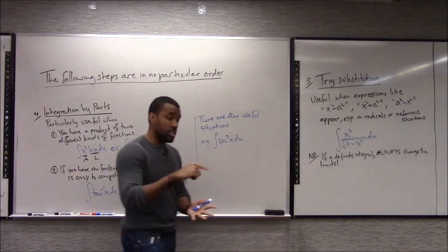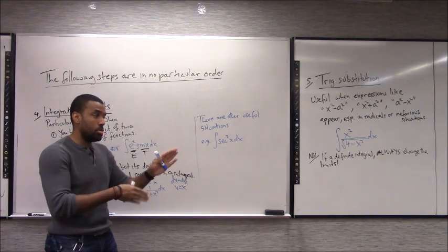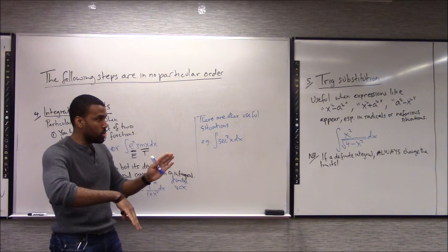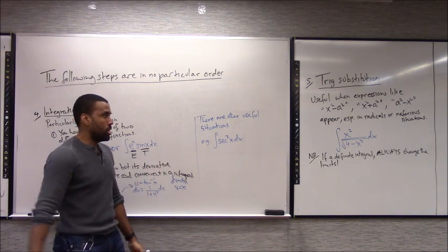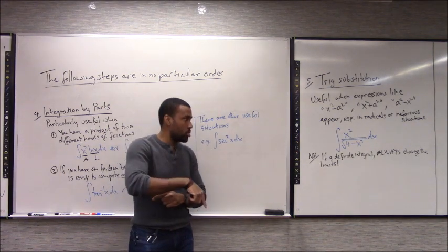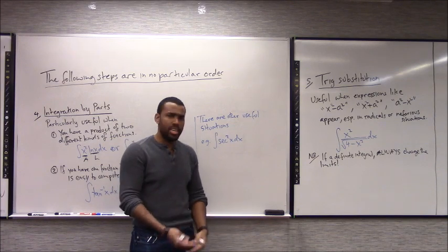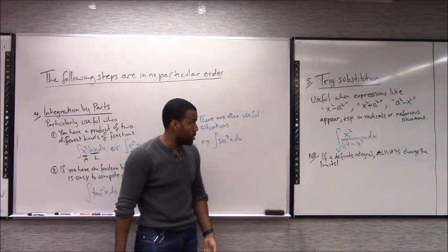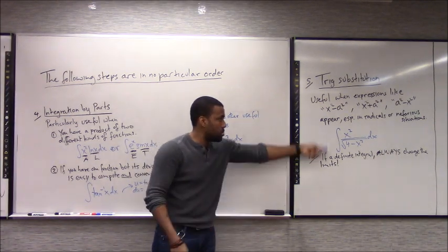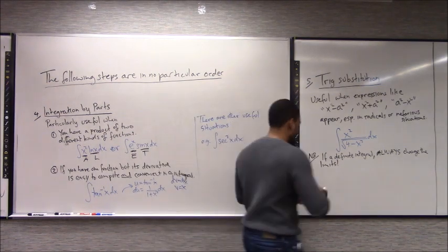You can either change the limits and then plug in those numbers in the new variable, or you can keep the old limits, change back to the old variable after you've computed the integral, and then plug in the old numbers. Remember, for trig substitution, to change back to the old variable, you have to go through a whole process. You have to draw triangles, you might have to apply trig identities and stuff like that. That takes time. So if numbers are given here, actually just change the numbers into the theta variable and then apply that.